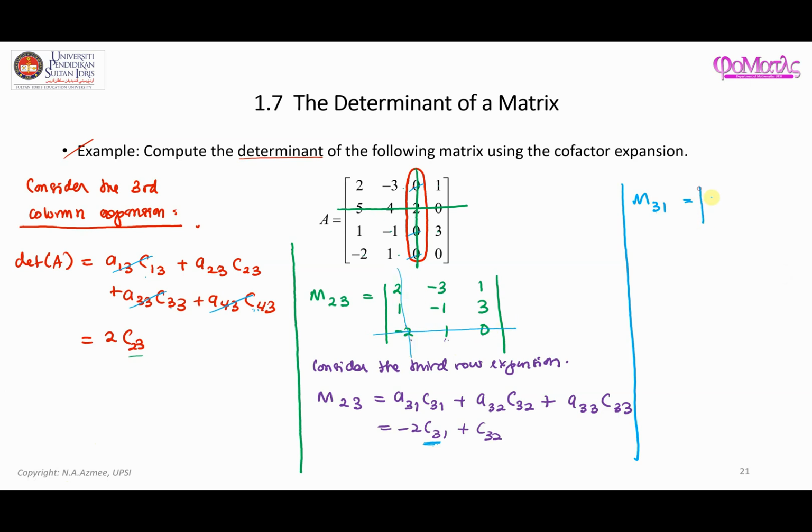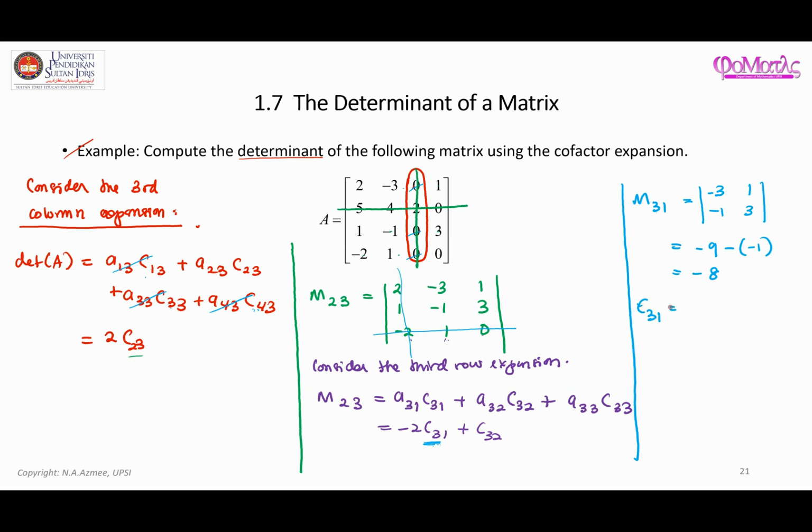So the result here is negative 3, 1, negative 1 and 3. Now we have a 2 by 2 matrix whose determinant you can find very easily: negative 9 minus negative 1, so this is negative 8. Hang on, we're not done yet because you need to find C31.